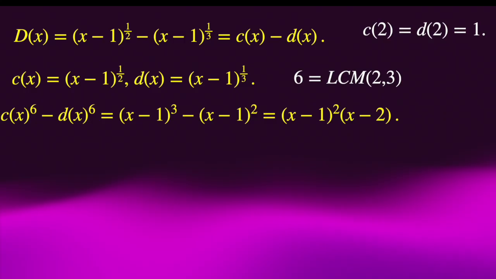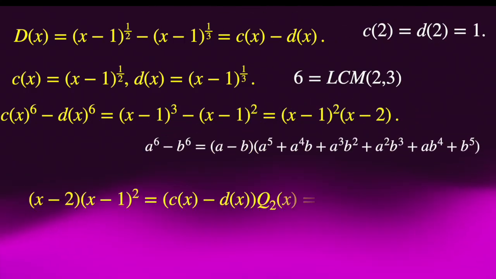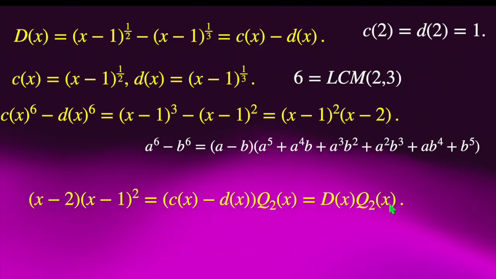And now by using our algebraic identity, we get that this polynomial is equal to the denominator, and q2(x) is a polynomial.